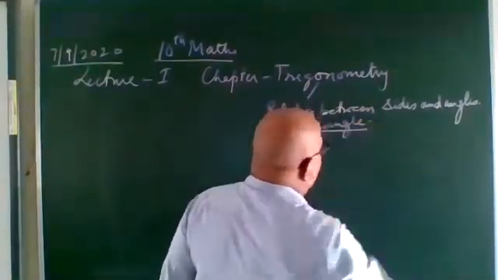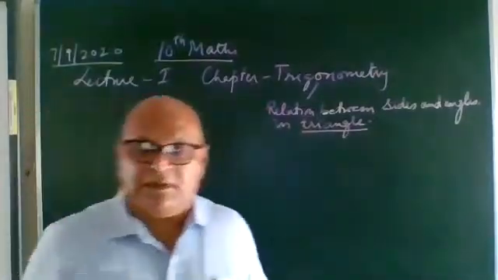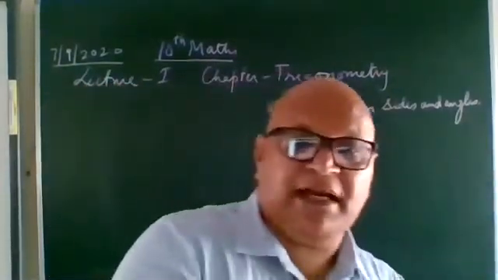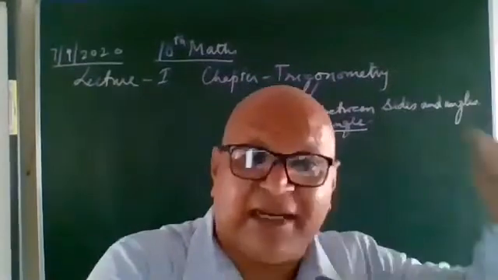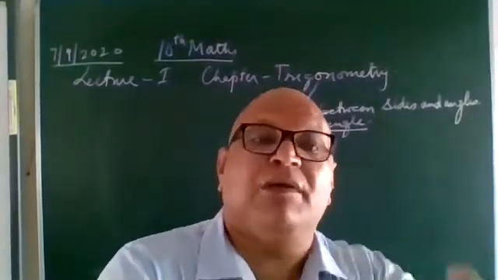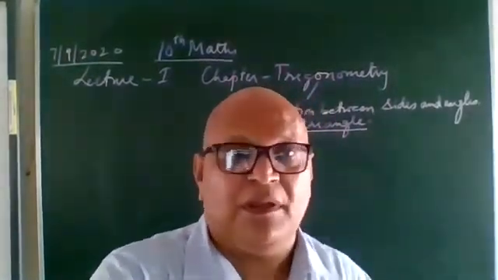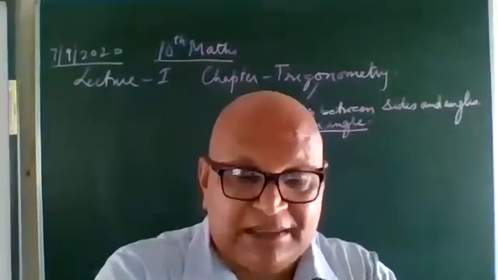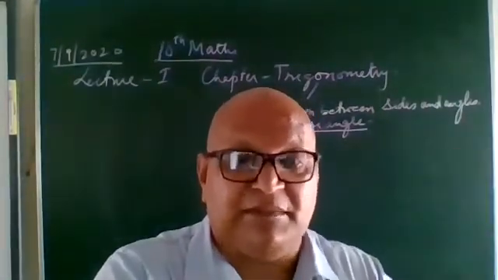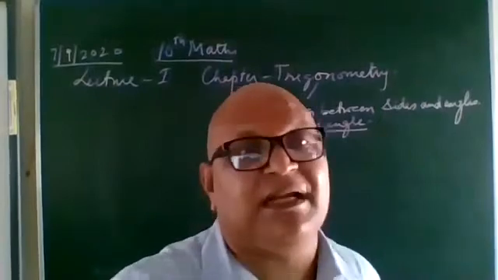Now, when I talk about triangle, there is acute angle triangle, obtuse angle triangle, and right angle triangle. When you study in 11th class, you will find that acute angle and obtuse angle triangles are considered.